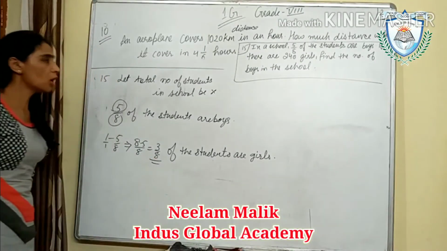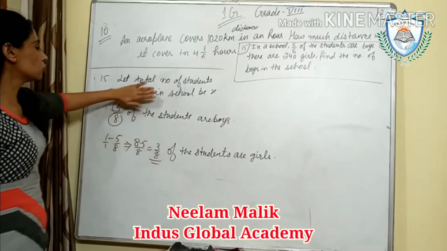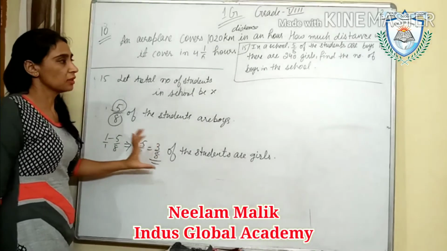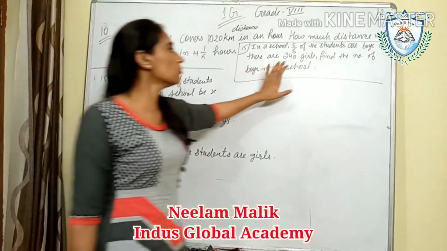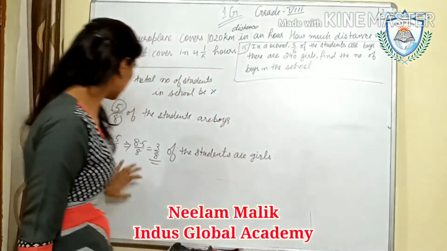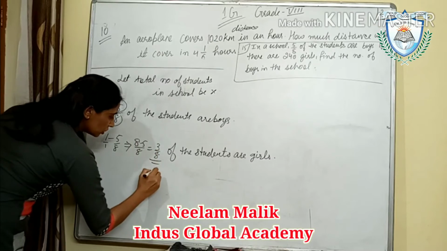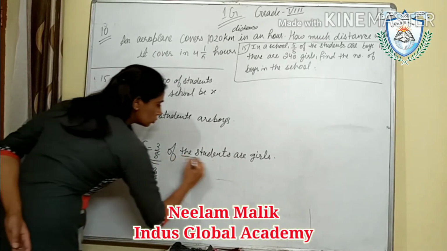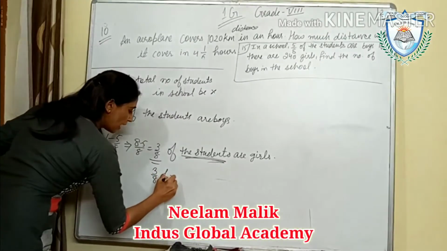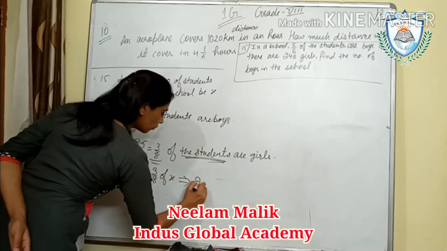Now we will go according to the statement. So total is this, boys are this, and girls are this. Here one thing more, 240 are girls, so we can say here 3/8 of the students, total means x, 3/8 of x is equal to, girls are given, so that is 240.